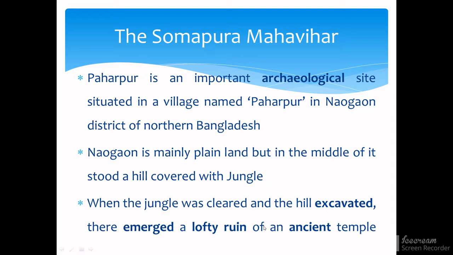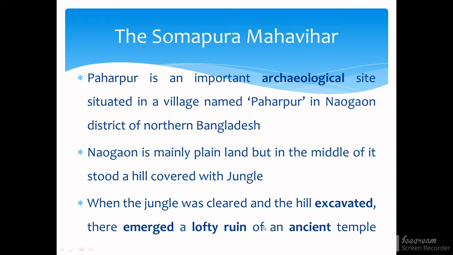Lofty, that means soaring, towering, or imposing height. It is lofty, it is high, and the ruin is rubble or debris. We can say it is debris. Ruin is debris. A state of devastation or destruction is called also ruin. So there emerged a lofty ruin of an ancient temple.